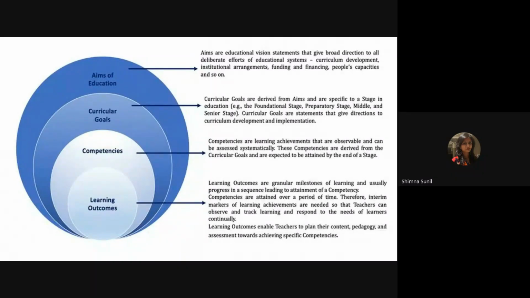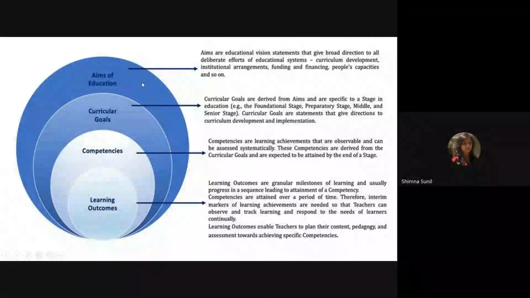Yeah, exactly. Let me give you an example here to make it much more understandable, because all these frameworks are more or less very abstract in nature. So better learn it with examples. For example, what is my aim of education?